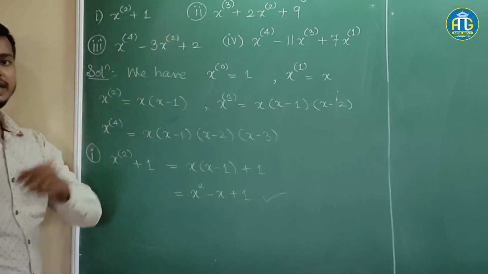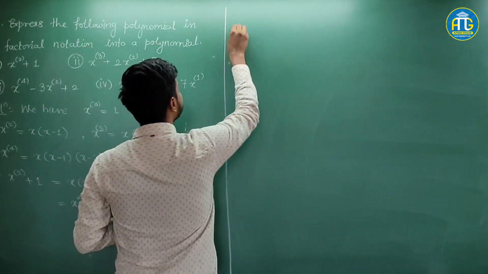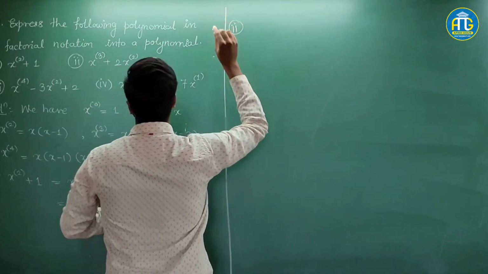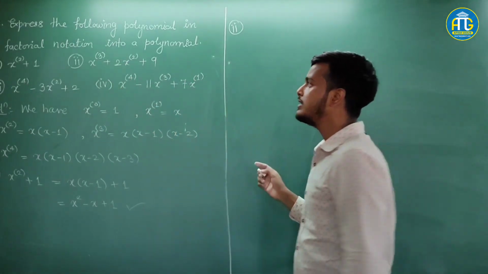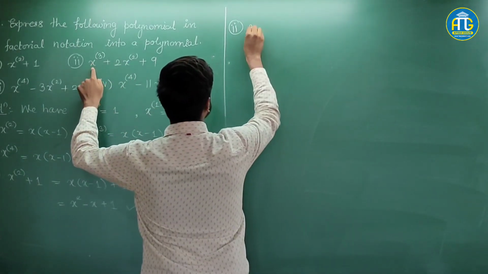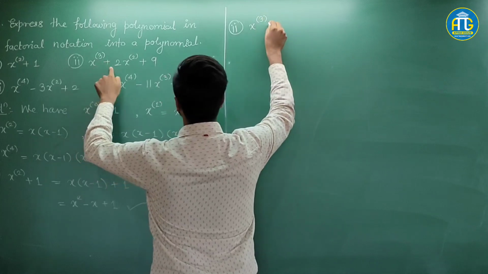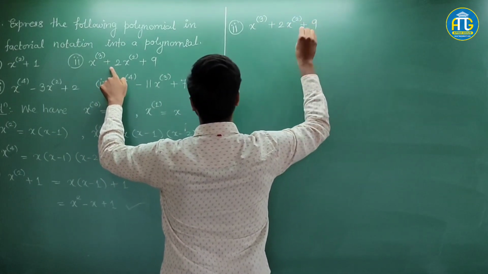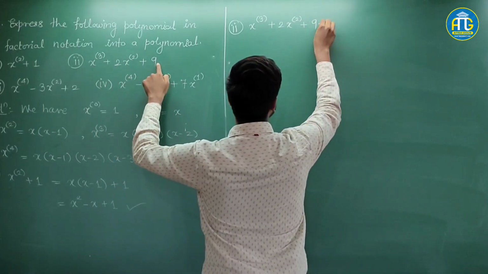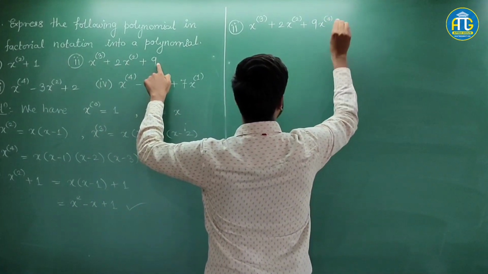Now likewise you can take the second one. These are very simple, very elementary things, but as these were given as try-this problems, I am taking this. So x raised to the power 3 factorial plus 2 x raised to the power 2 factorial plus 9. Nothing is there, which means it is x raised to the power 0 factorial.